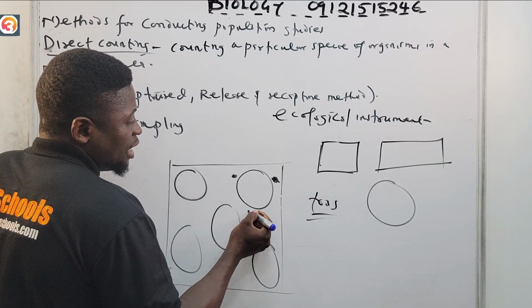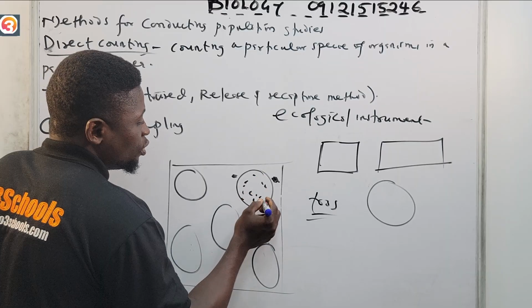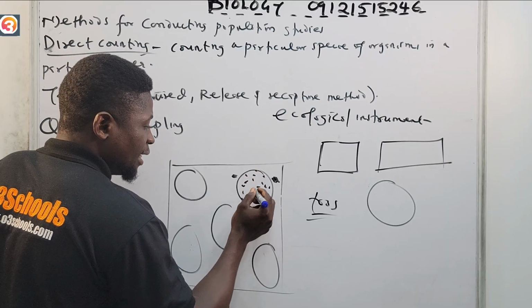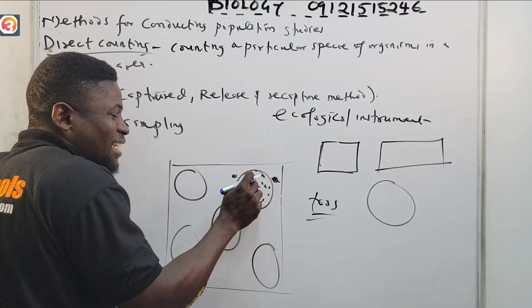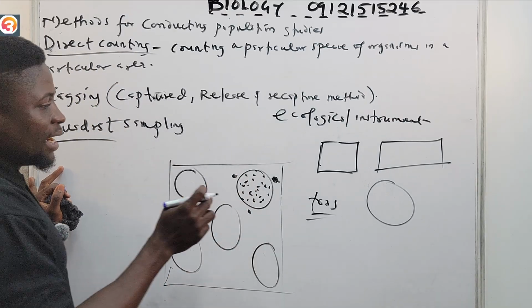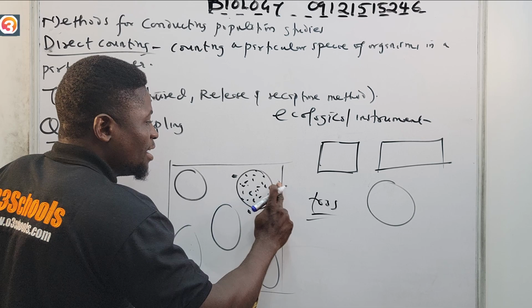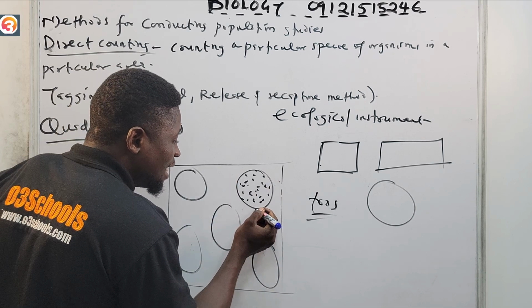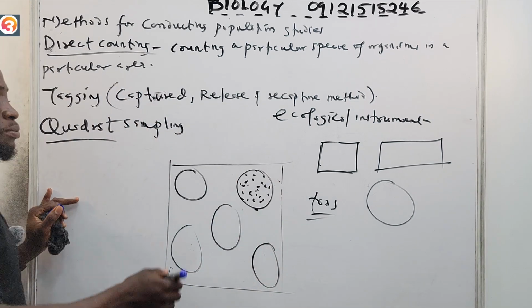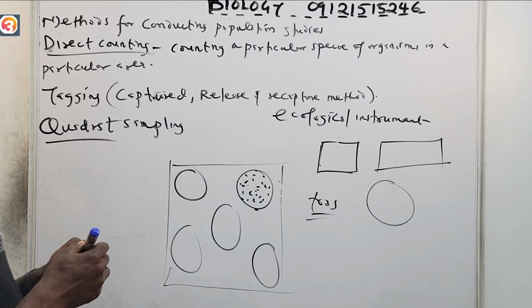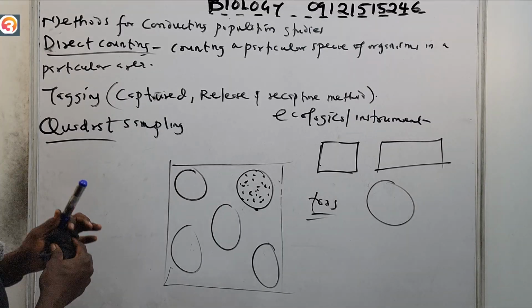Any organisms that are not inside this quadrat will not be counted. Even if it is right here, it will not be counted. Only the ones that fell in the quadrat will be counted. It must be in the quadrat. So that's what we call quadrat sampling.